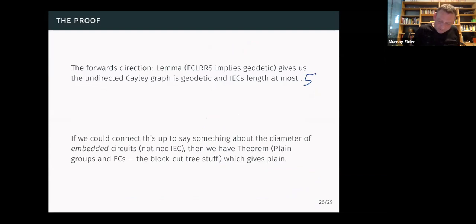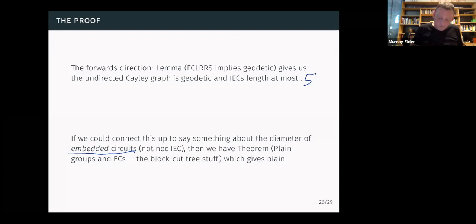So if we could connect this up to say something about the diameter of just embedded circuits, then that theorem from before about blocks and the block tree implying plane, that was about embedded circuits. So that's why I'm very impressed with that error, because it's actually the real guts of what we have to prove. Our hypothesis tells us that there's a bound on the length of isometrically embedded circuits, and we somehow need to say, okay, that implies a bound on just embedded circuits.